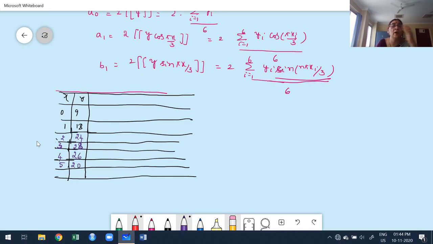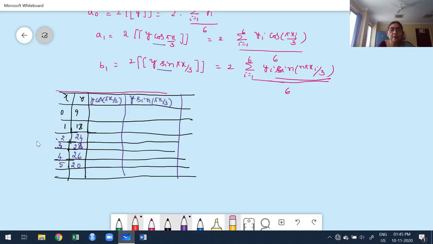What values are given? Same thing. Next, I want to find the sums. If I take y into cos of pi x by 3, and also y into sine of pi x by 3.